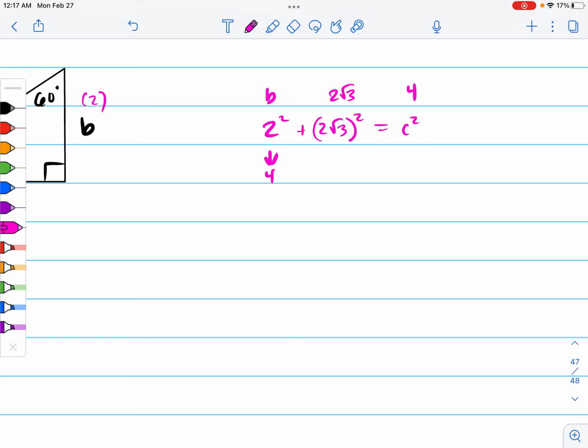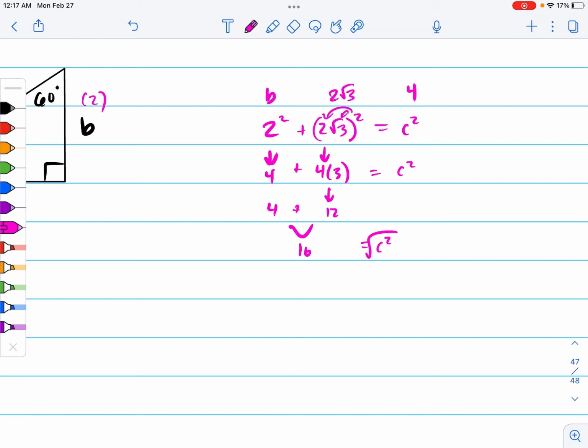Well, 2 squared is 4. 2 root 3 squared, we distribute this in, is 4 times the square root of 3 squared, which is just 3, which turns into 12.